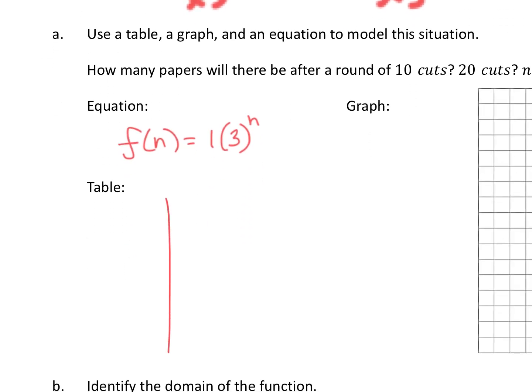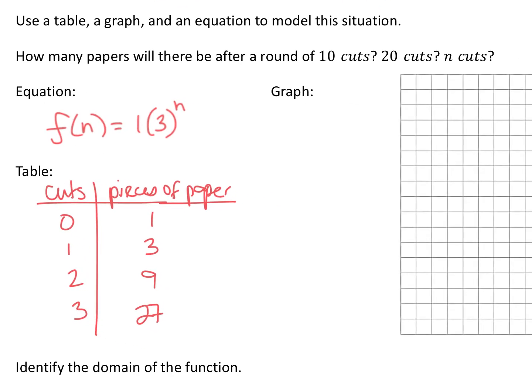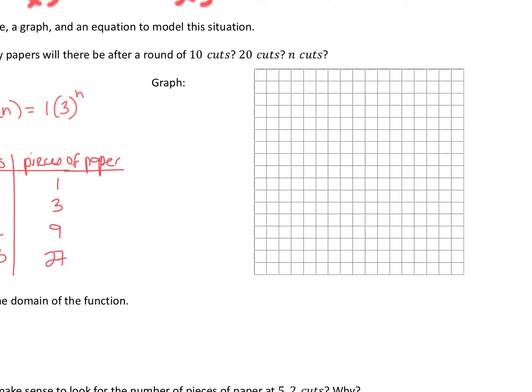Here's our table. This is cuts, and this is pieces of paper. Okay, so at 0 cuts, we've got 1 piece of paper. At 1 cut, we've got 3. At 2 cuts, we've got 9. 3 cuts, we've got 27. Okay, let's go ahead and graph that.